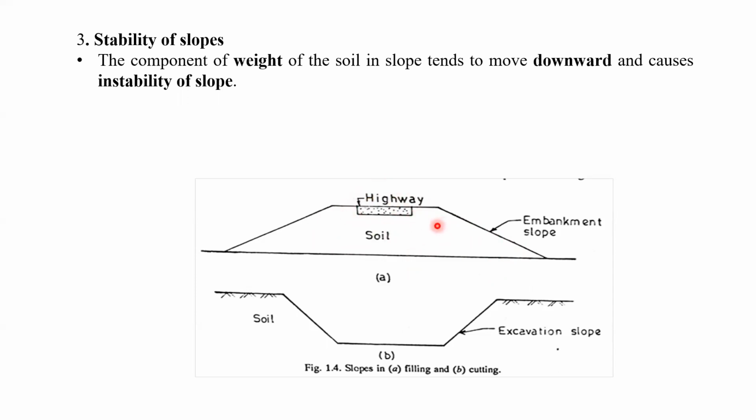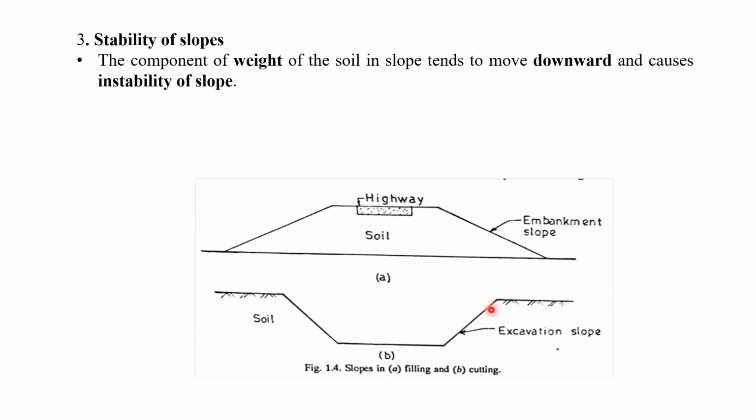Otherwise, the field problems will arise. The stability of slopes depends upon the shear strength properties of the soil. It will remain stable only after knowing the shear strength parameters as well as the factor of safety.